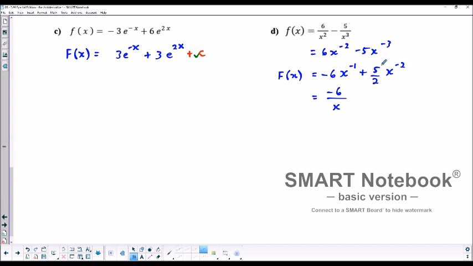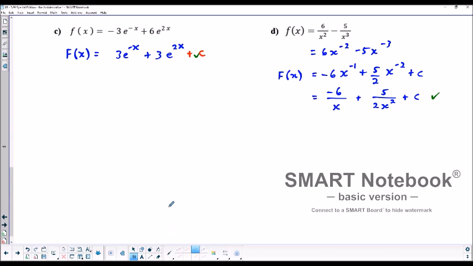So then when you bring that negative 2 down in front, the 2 over 2 becomes 1, leaving us with 5, and the negative changes that positive to a negative there. And then we add c. And then I'll just change this back to the form that we were given in the original question. And of course, the derivative of each of those c's each time will be 0.